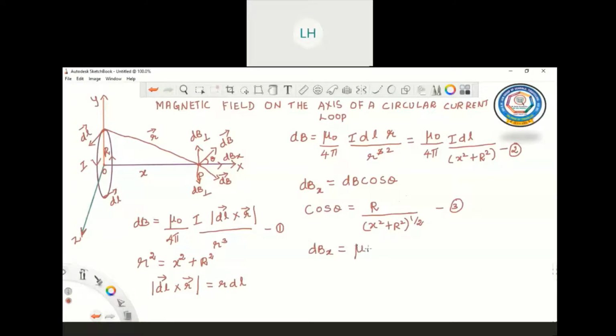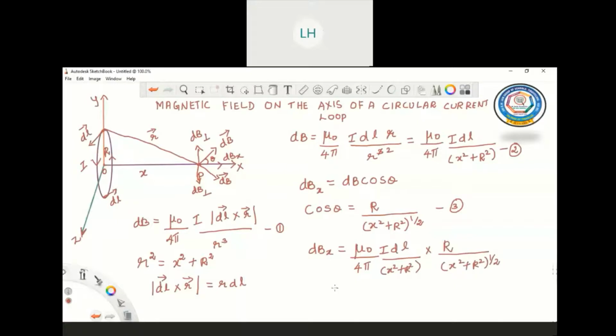Mu naught by 4 pi I dl by x square plus r square. Right? Yes. Now what do you have? Cos theta. So you are going to write here, children, into cos theta is r divided by x square plus r square the whole power half.